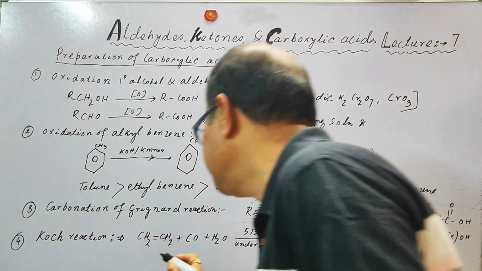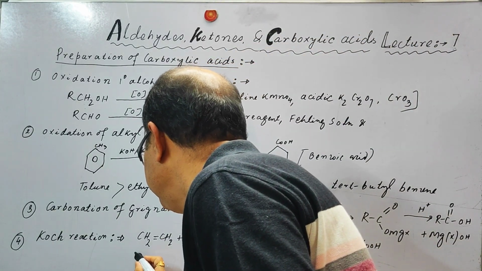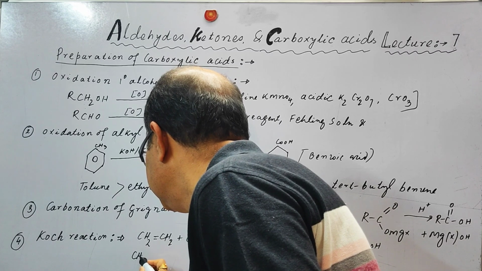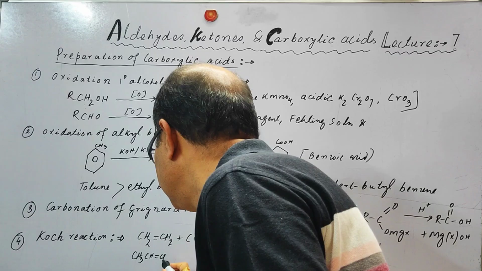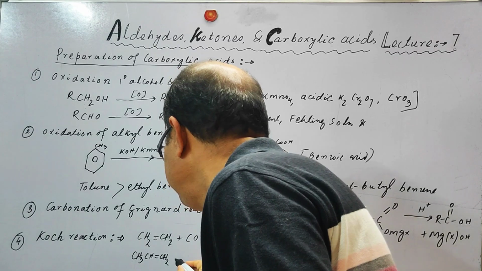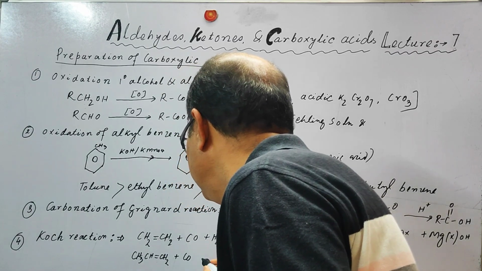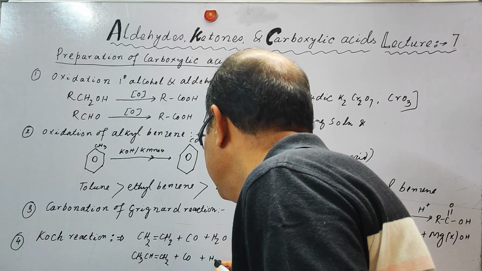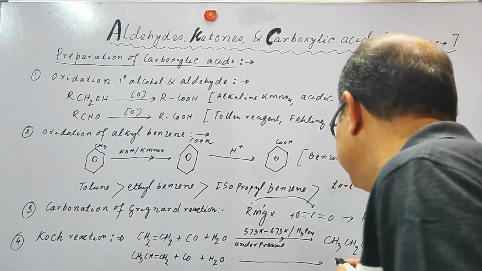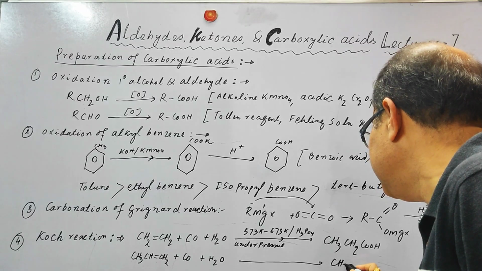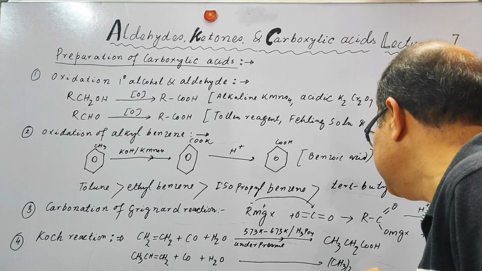And with this process, again, if we take propene with carbon monoxide and H2 under the same conditions, it is going to produce this carboxylic acid.